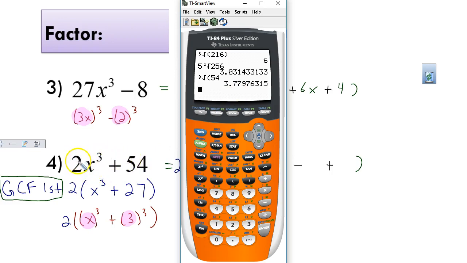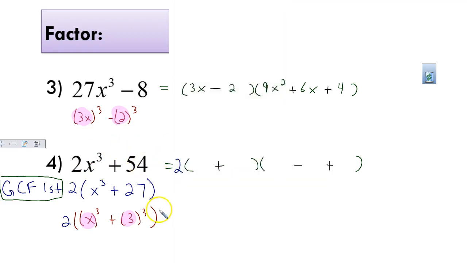The reason is that 2 and 54 are both divisible by 2. So we want to divide out that greatest common factor first. We want to divide the first term by 2 and the second term by 2. And what you'll notice often with these problems is once you do that, you do end up with 2 perfect cubes. In this case, it's x to the third and 27, which is 3 to the third power.